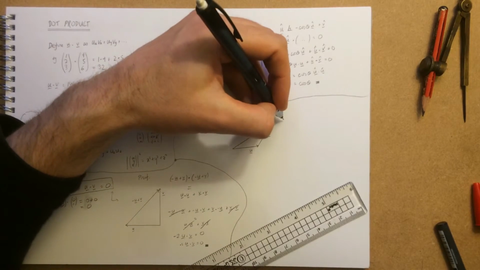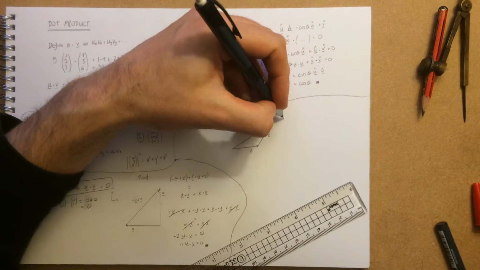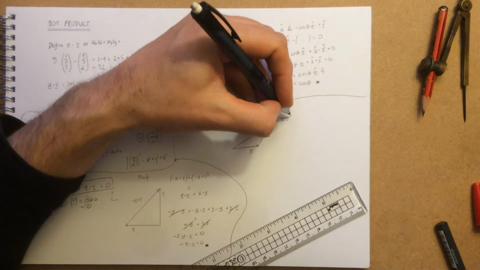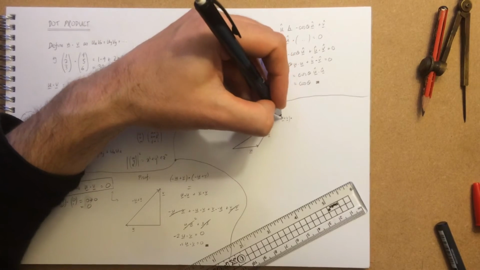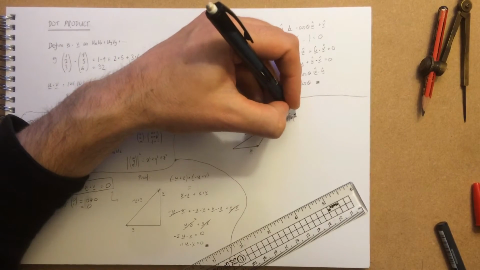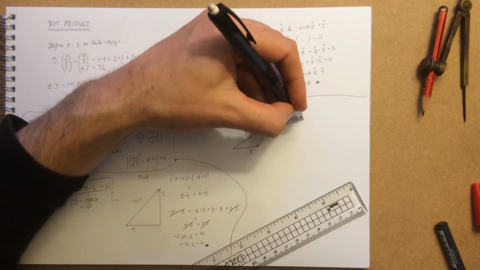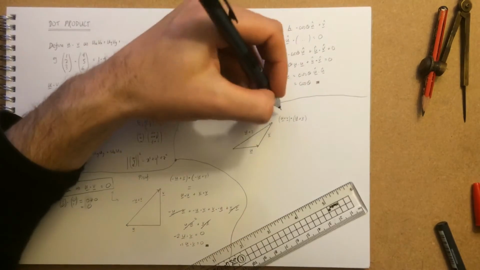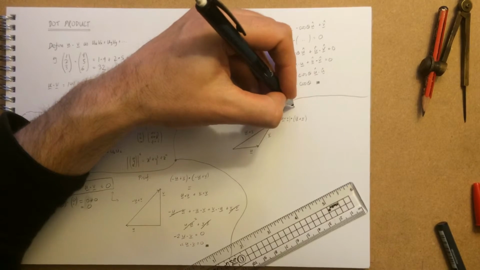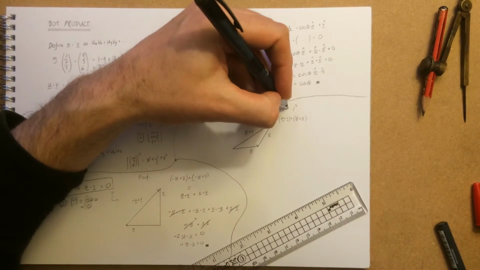Let's just play around with expanding out u plus v dotted with u plus v. Because on the one hand we know that is the mag square of u plus v.